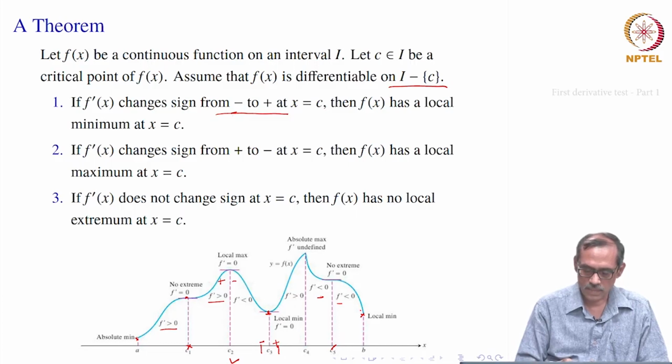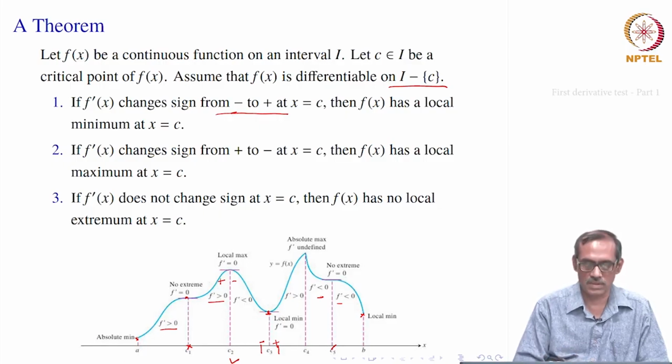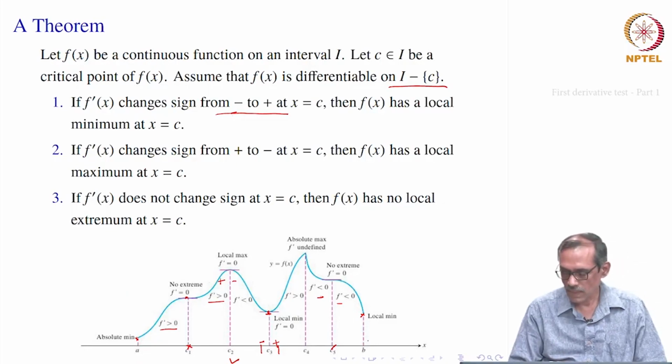What happens here? On the endpoints you do not have the notion of a two-sided neighborhood, only one side neighborhood is there, right. So, on the left side here, for example at a, there is no neighborhood which is relevant to the domain of the function, but to the right there is a neighborhood (a, a plus delta). Similarly, at the right endpoint we have the left neighborhood, we do not have the right neighborhood.